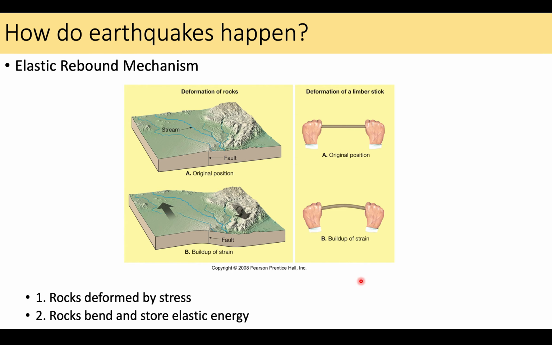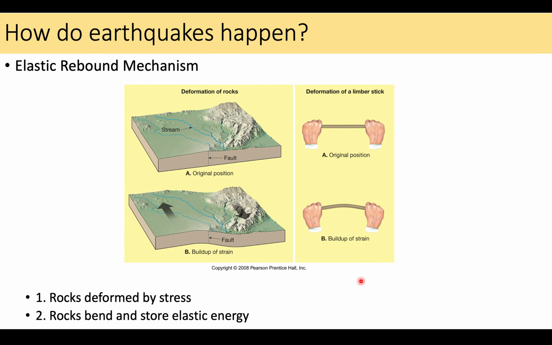So how do earthquakes actually happen? We call this the elastic rebound mechanism, and it can be thought of as breaking a stick. If you have a stick, not a twig, but a stick you know that you can break, you take it in both of your hands.